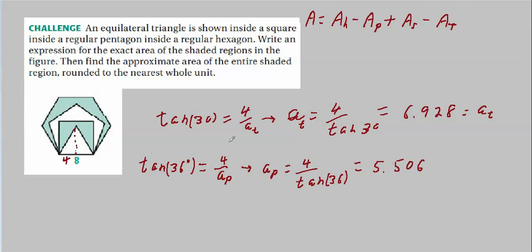Now we need the apothem for the hexagon. And since this side is the same, the only thing that's going to change is our angle here, which becomes 30 degrees. The hexagon has 360 over 6. That's 60 degrees for the large angle. Half of that is 30 degrees.